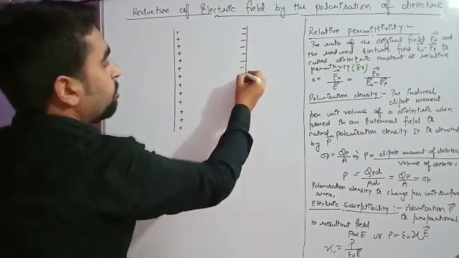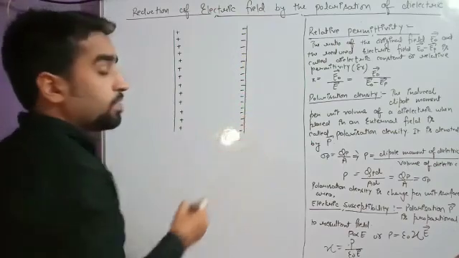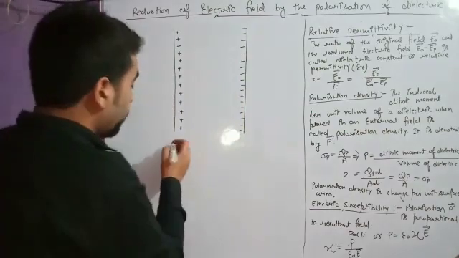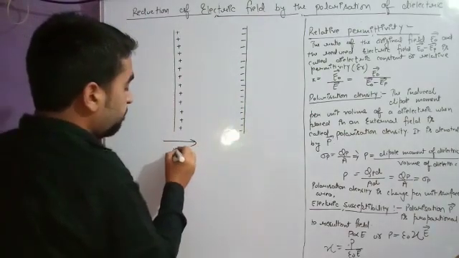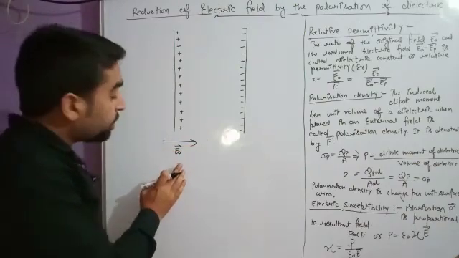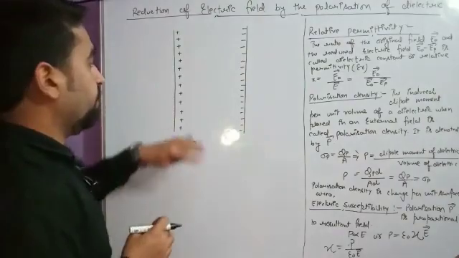Why is this plate negatively charged? The answer is, because of induction, this plate is negatively charged. So students, the electric field is applied by us, so this electric field is externally given by us. That is known as E naught. This is E naught, the original electric field which we have given.